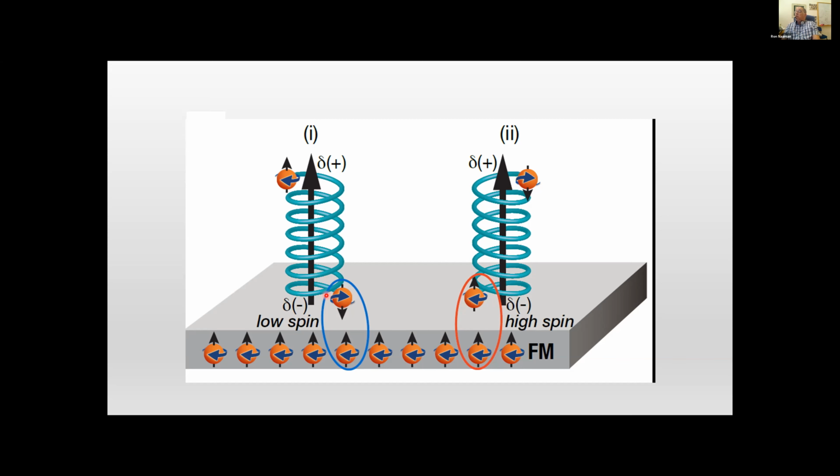Now, if this molecule is approaching a surface, and the surface is ferromagnetic, let's say, we expect a different interaction for a surface with the spin pointing up, because now the interaction will be a low spin interaction, or what we call a singlet-type surface, while if they are pointing in the same direction, it will be a triplet-like energy potential surface. That means there is a different energy. In order to bind to the surface, the molecule likes to be in this configuration. In this configuration, binding is forbidden because of the Pauli principle.